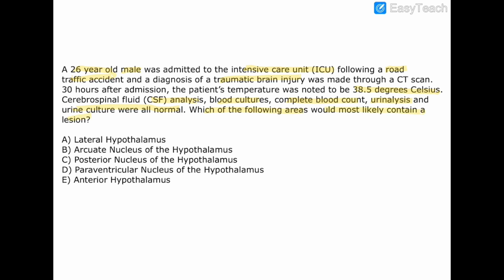Now, this is a very factual question, so it requires not so much critical thinking, but recollection and retrieval of knowing what the function of the different parts of the hypothalamus are. So let's quickly go through the functions of the hypothalamus, so we can eliminate as we go.